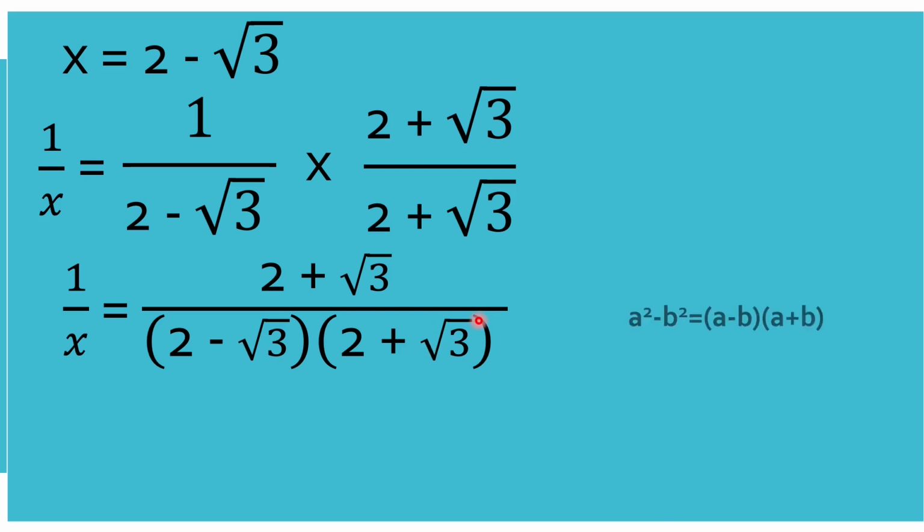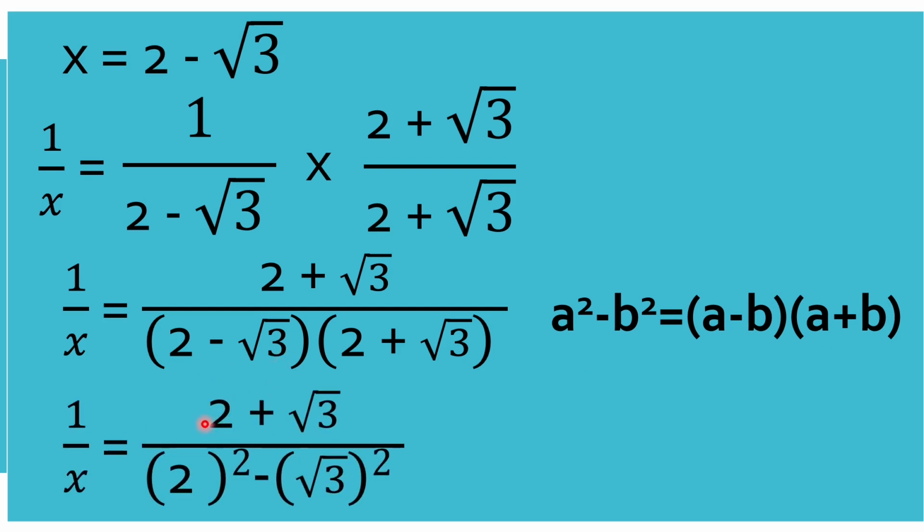And here we'll use the algebraic identity a square minus b square, which is equal to a minus b into a plus b. Therefore we can write this as 2 squared minus under root 3 squared, because a minus b into a plus b equals a squared minus b squared.